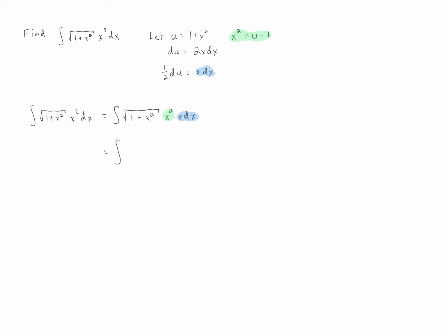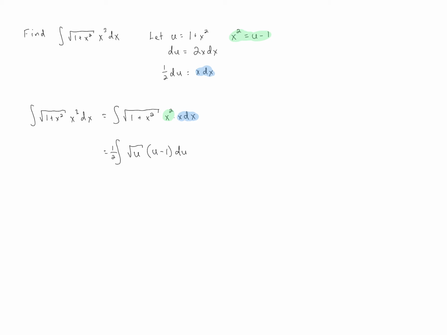When we make the substitution, the square root ends up becoming the square root of u. The x squared becomes u minus 1. And then the x dx becomes 1/2 du. So I'm going to put the 1/2 out front and then du in there.